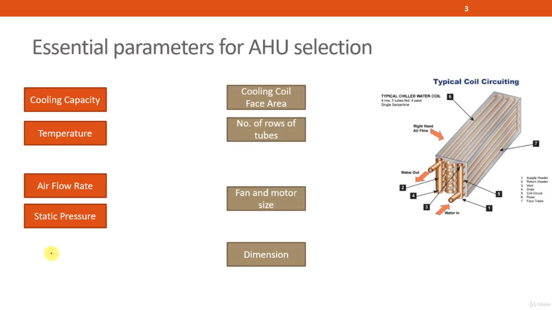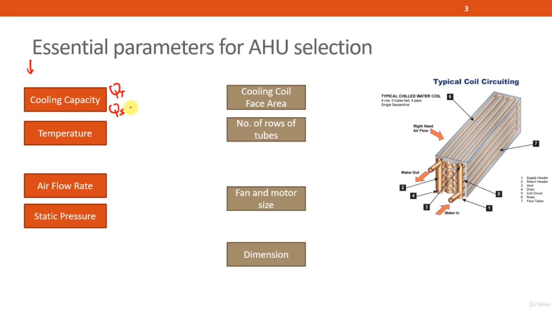Here are some of the essential parameters for AHU selection. Just now we mentioned cooling capacity, but cooling capacity is actually made up of two parts. First is the total capacity that this particular AHU is able to provide, the total amount of cooling it can provide. Secondly, in the catalog, you will also see how much sensible heat this AHU can remove.